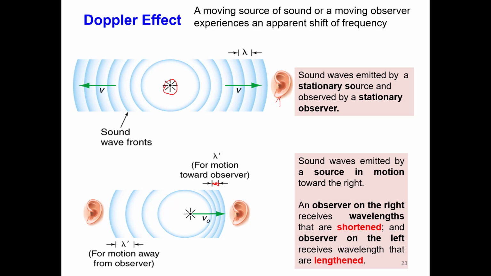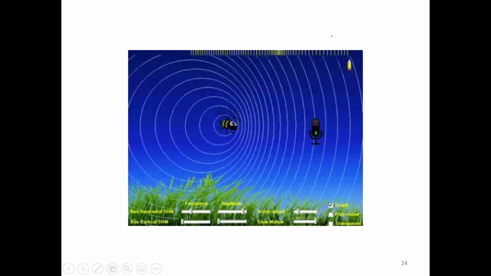But the observer on the other side will perceive that the wavelength increases, as it is larger. In this case, we can see here this corresponds to the wavelength, and then that observer will perceive the frequency decreases. And this is why, when we define the Doppler effect, there is an apparent shift of frequency.